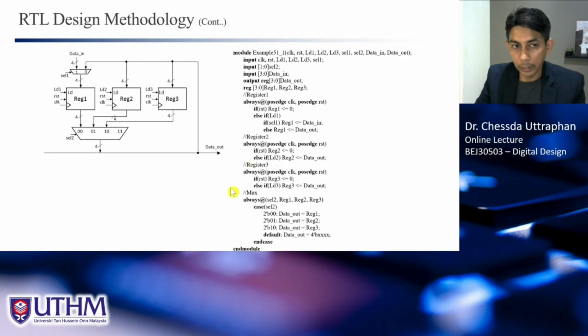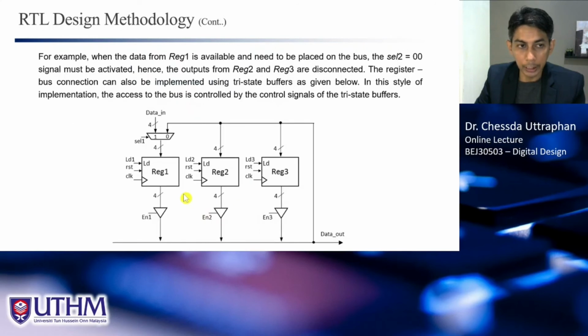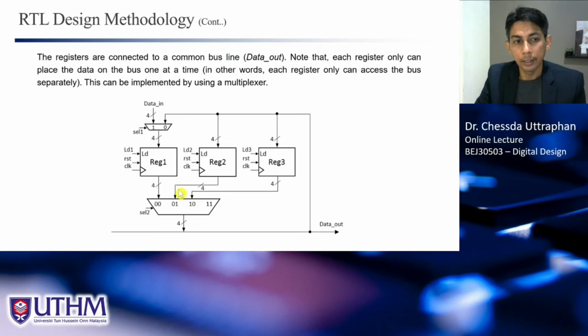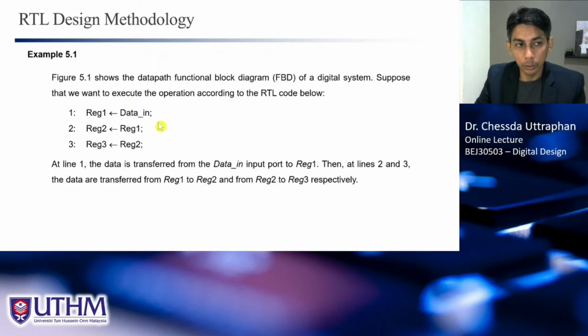We have not finished the example yet, because we just described the data path, the Verilog code of the data path. And remember, we want to do this operation, and to do this operation we need another circuit which is called the control unit.